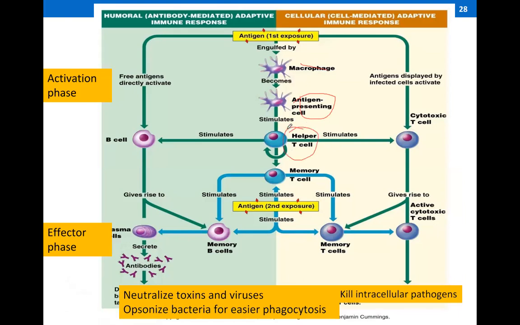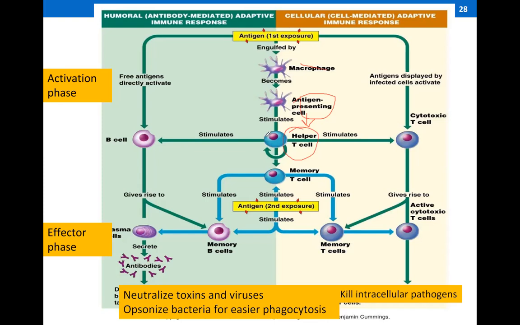Now, if the antigen first exposure directly activate B cell and T cytotoxic cell, the T helper cell will be presented first the virus, the macrophage or the antigen presenting cells is stimulating this T helper cell. All right. How else can we stimulate the B cell and your T cell?